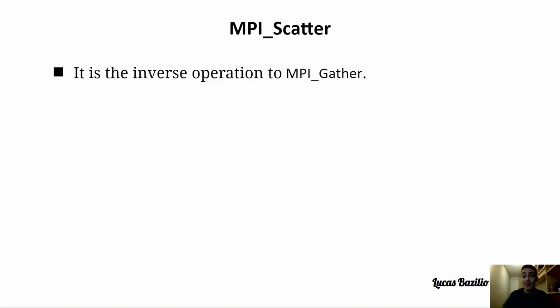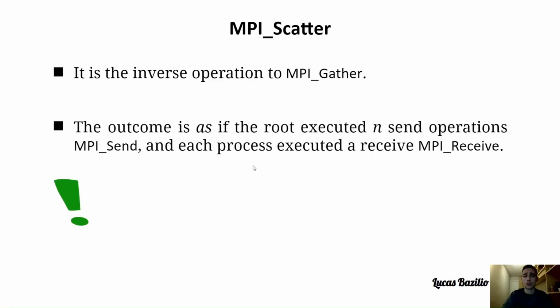And thus, the outcome of this function is as if the root process executed n send operations, MPI send, and each process in the group executed a receive operation, an MPI receive.